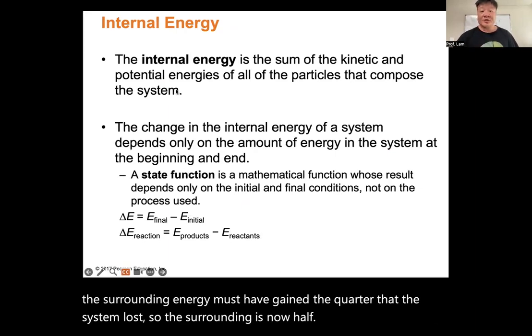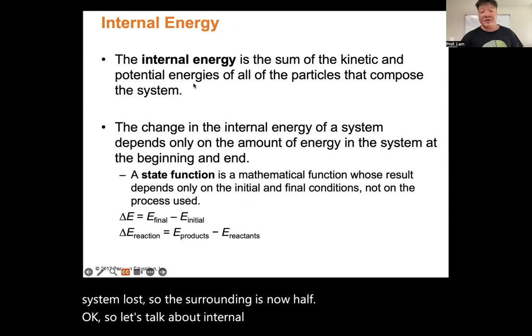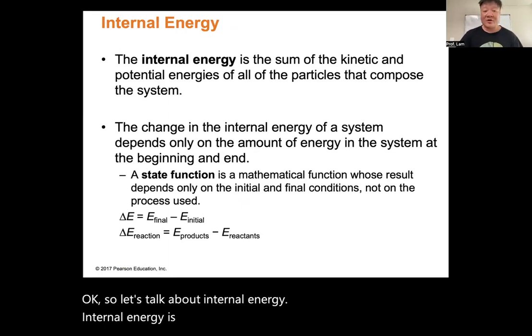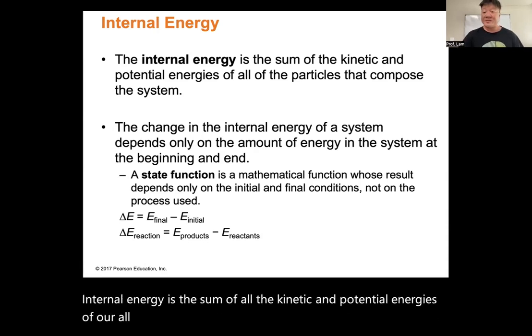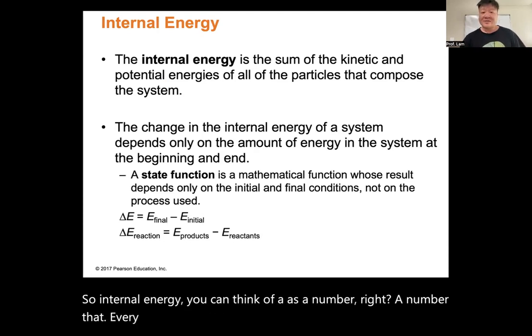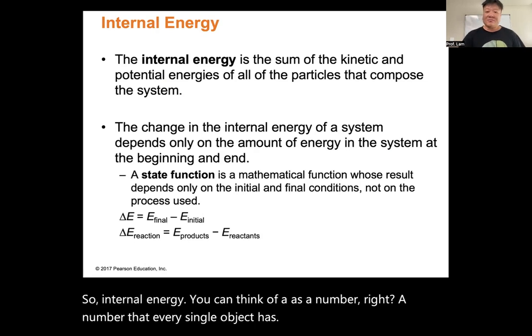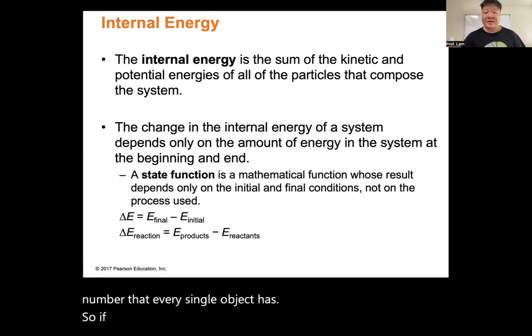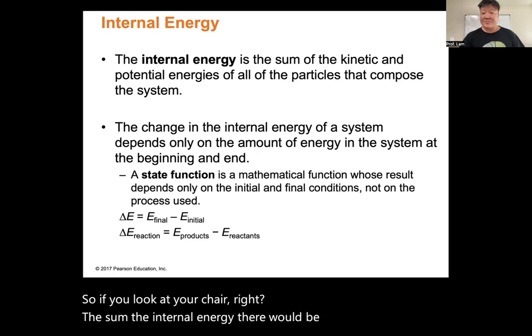Okay, so let's talk about internal energy. Internal energy is the sum of all the kinetic and potential energies of all particles that compose the system. You can think of it as a number that every single object has. If you look at your chair, the internal energy there would be the sum of all the kinetic and potential energies.